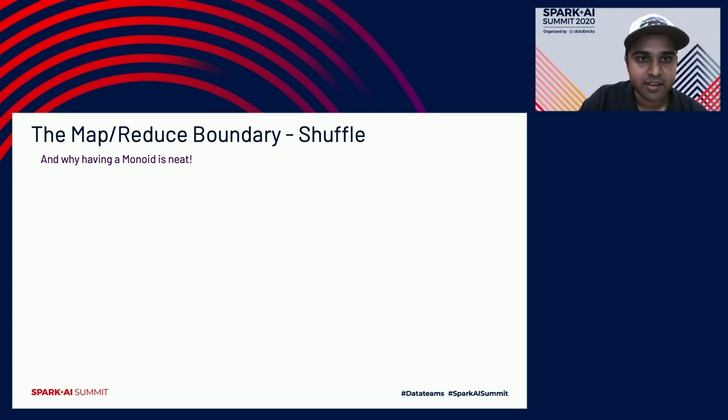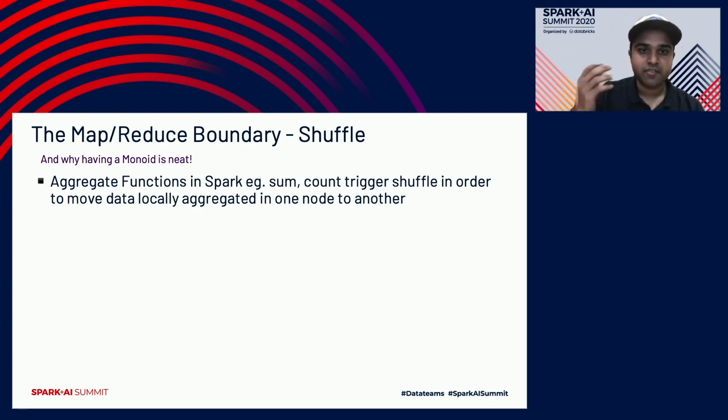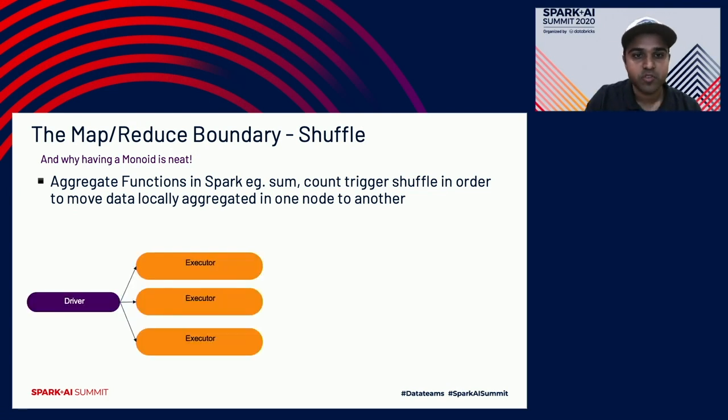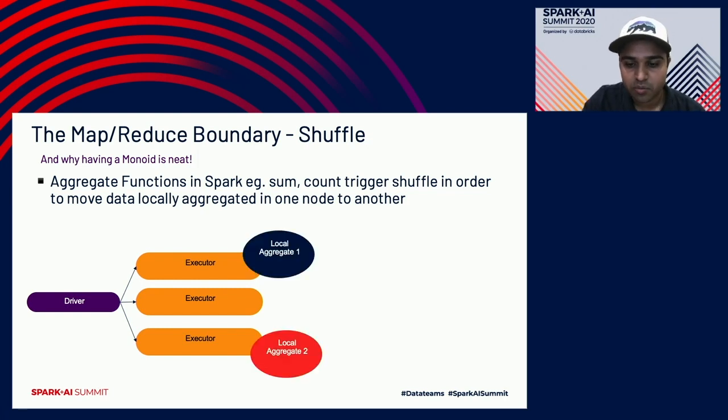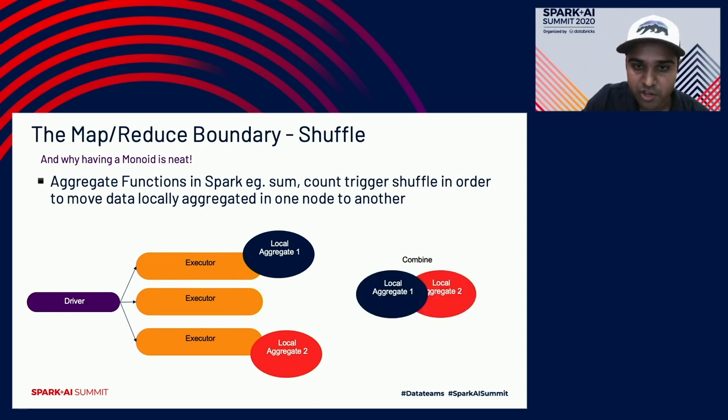When you look at the map-reduce boundary, basically the shuffle, aggregate functions in Spark specifically, like sum and count, trigger a shuffle in order to move data which is locally aggregated in one node across nodes for global computations. So you can see each executor produces local aggregates, and then the local aggregates get put together by the shuffle process in order to get the final computed aggregate.